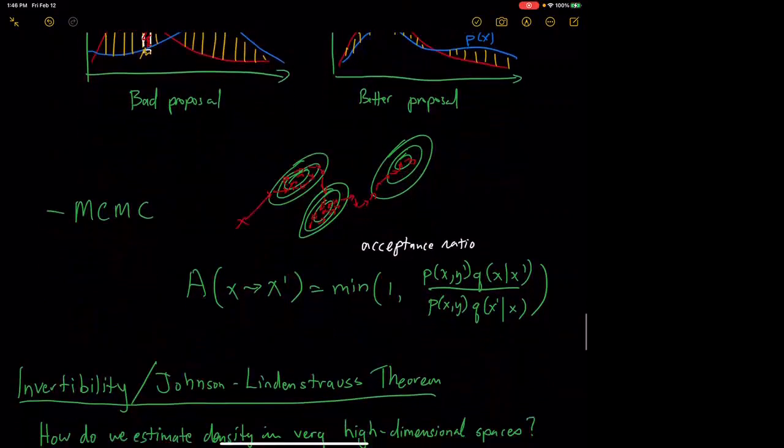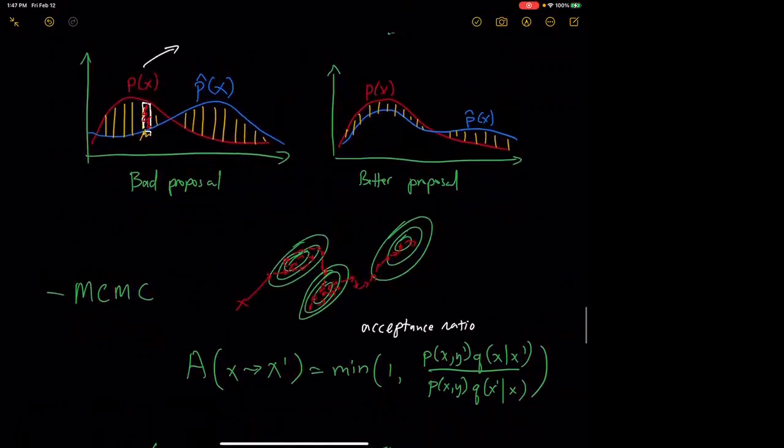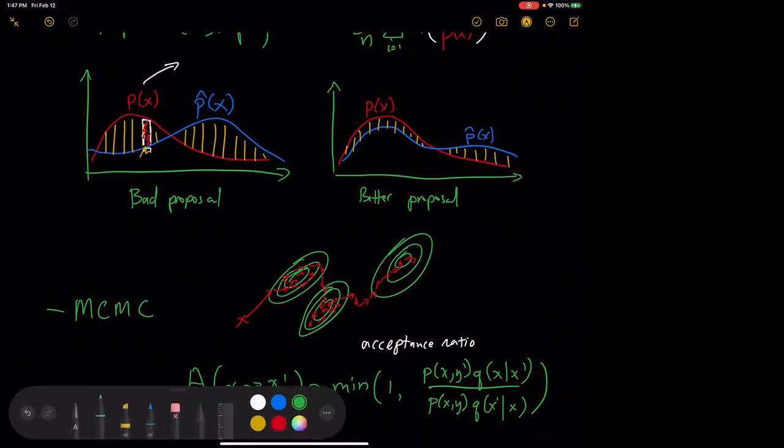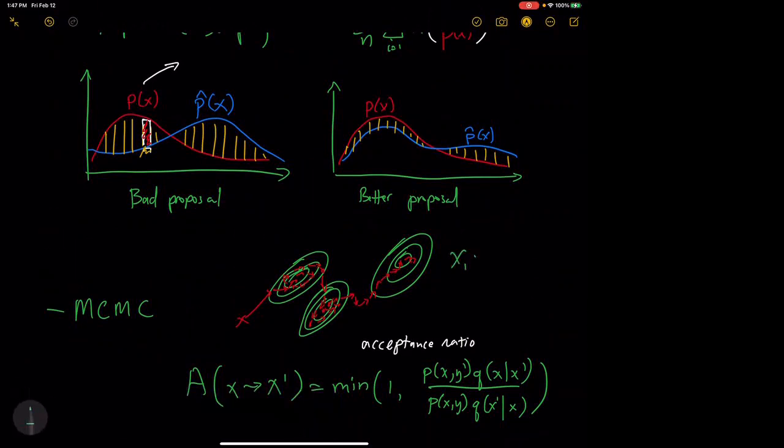Okay, so then finally we have this Markov chain approach where we model this sampling process, x1 through xn, as a Markov chain.